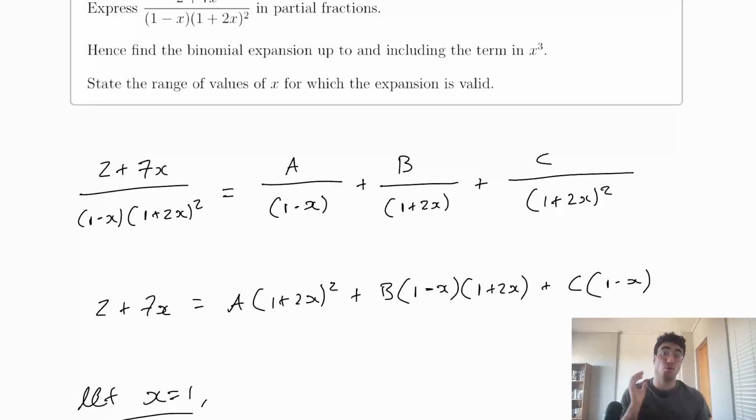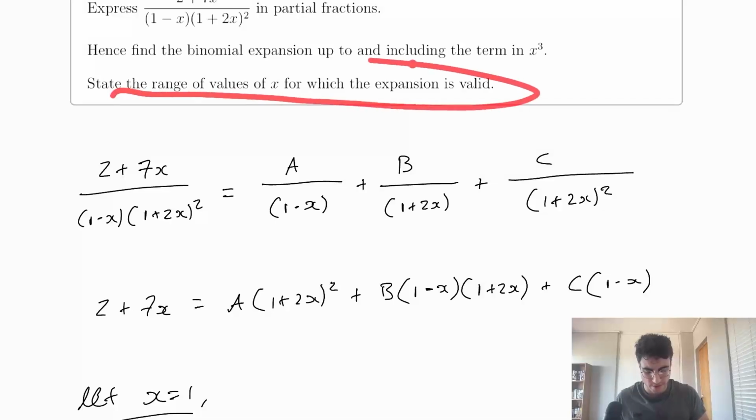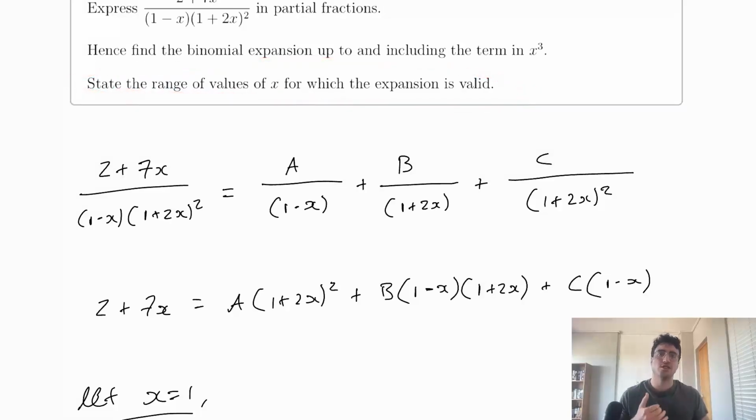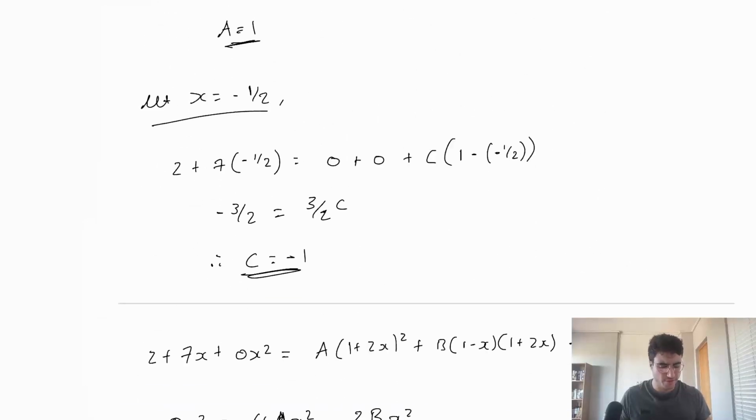Okay, but wait, we're not done yet, guys, because look, it wants us to state the range of values for x for which the expansion is valid. So what do we do now? We have 3 expansions. How does this all tie in together?